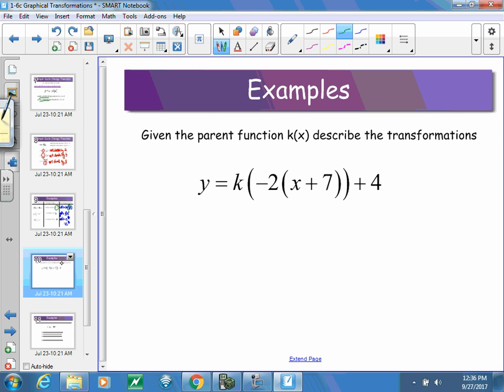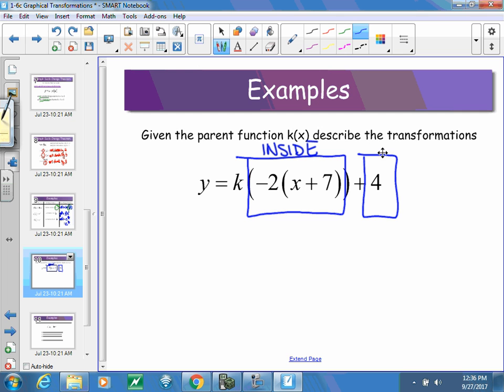I just want to take a look at something with all the combined transformations and see if we can kind of identify what's happening to this function of k of x here. There's a lot of stuff going on. There's some inside change happening. There's some outside change happening. This stuff right here is all inside. And then the 4 is the only part that's our outside change.